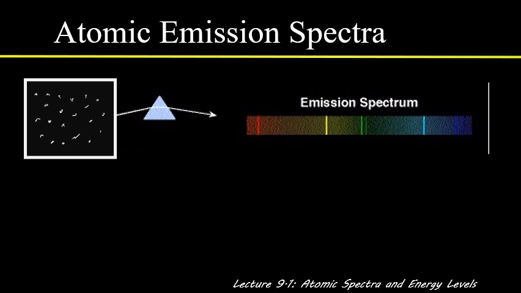But this is the important difference. For atomic emission, instead of getting all the colors, you only get a few specific colors. In this particular case, you're getting red, yellow, green, blue, and there's a little bit of purple down here. And when you separate them out into their specific colors, what you get are a bunch of different lines.